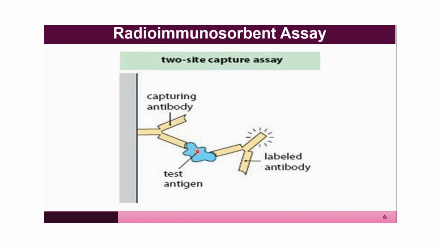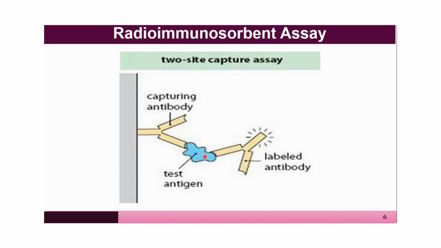If that antigen is present in the serum, it will bind to the antibody at the FAB site, and then you add a secondary antibody labeled with radioisotope corresponding to that antigen. In this case, you are detecting the antigen in the serum sample by prior immobilization of an antibody corresponding to that antigen on the inert surface.